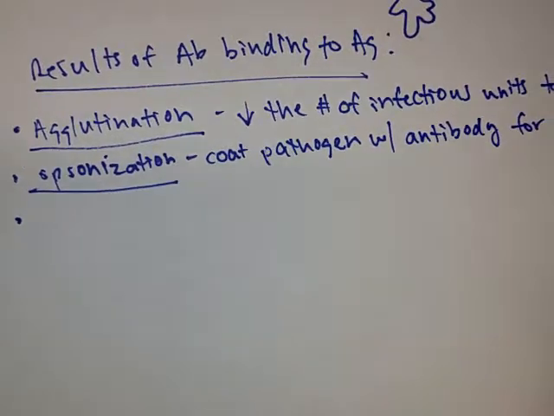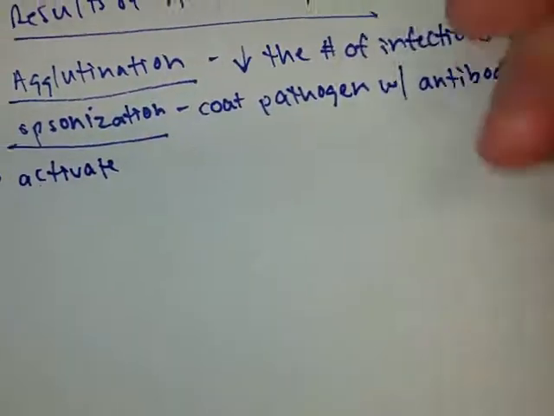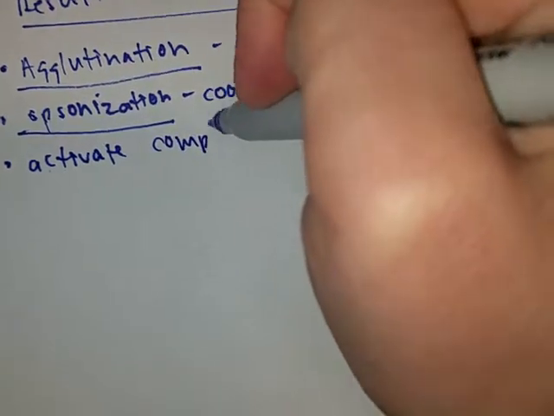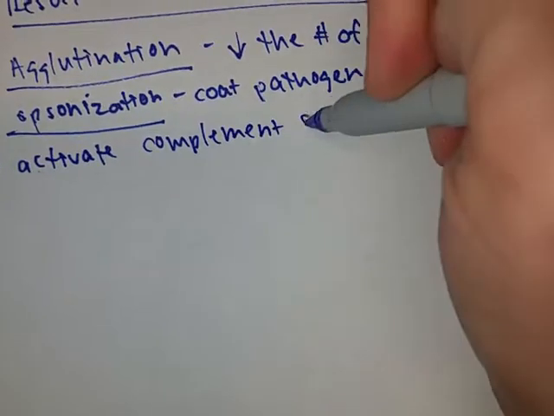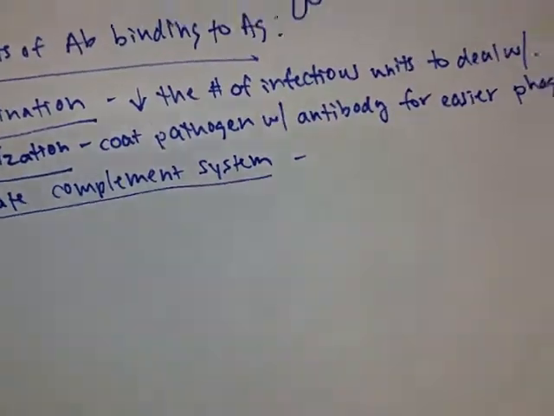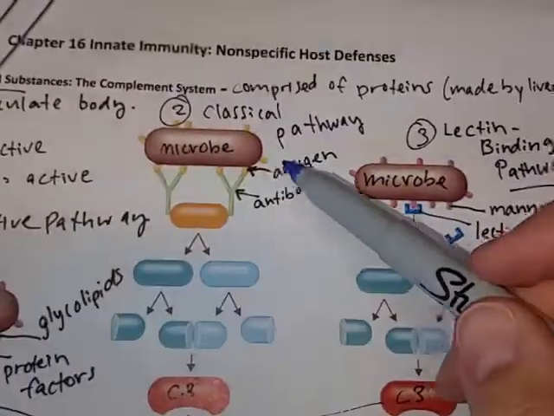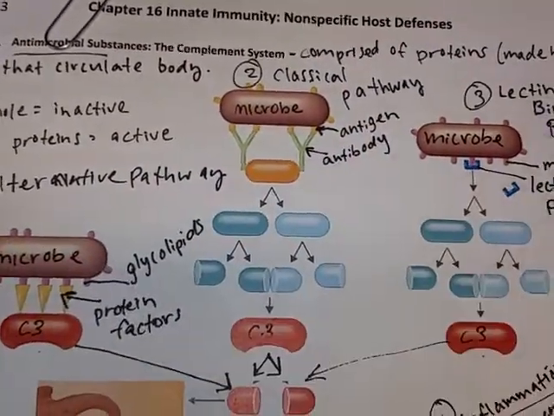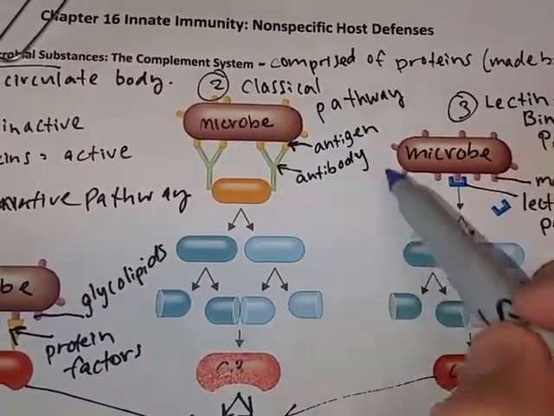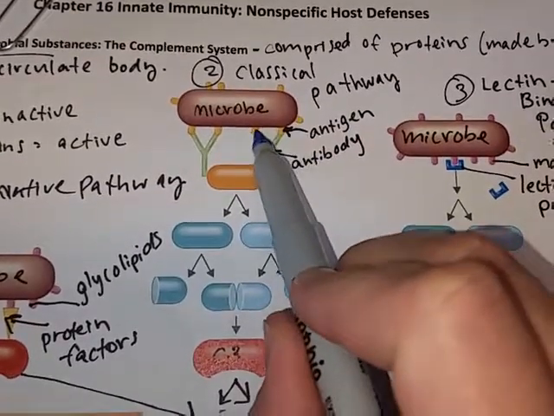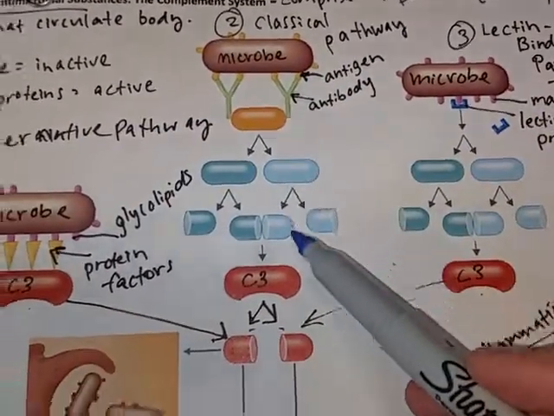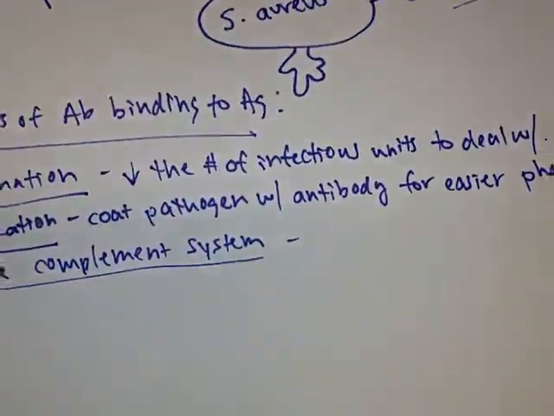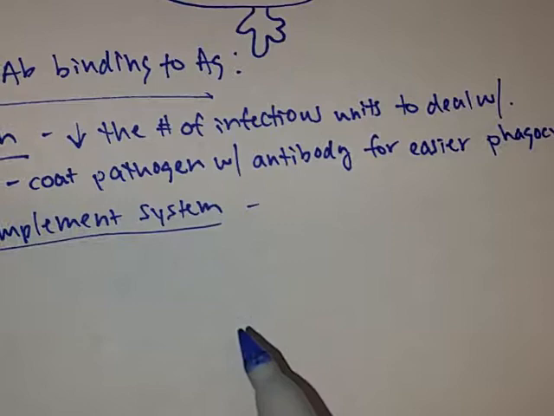We can also activate the complement system. Remember, there are three ways to activate the complement system, but in the classical pathway, antibodies bind to an antigen, beginning the complement system.